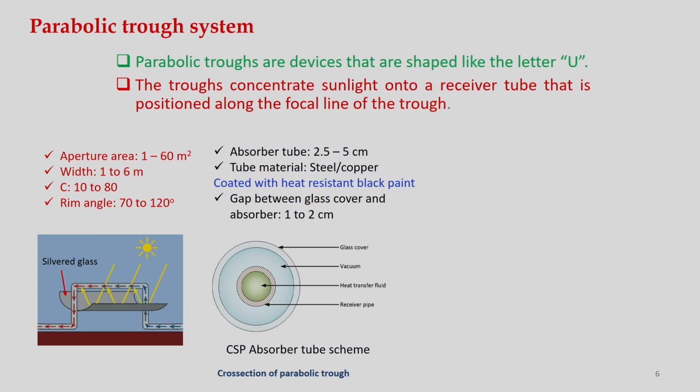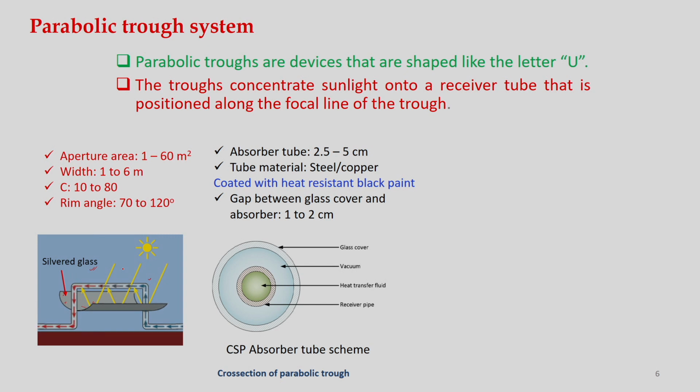As you can see, this is the trough and solar radiation is falling on this concentrator and is reflected to this receiver where heat transfer fluid is flowing. Initially what you can see is a blue line and finally a red line. That means temperature is increasing from inlet to outlet. So, this is the inlet, this is the outlet. And normally these reflectors are made of silver glass to increase the reflectivity.